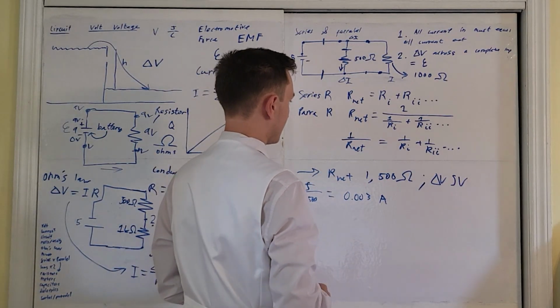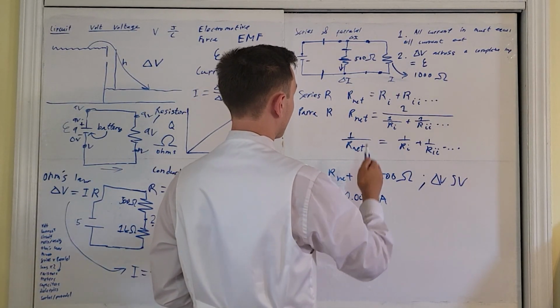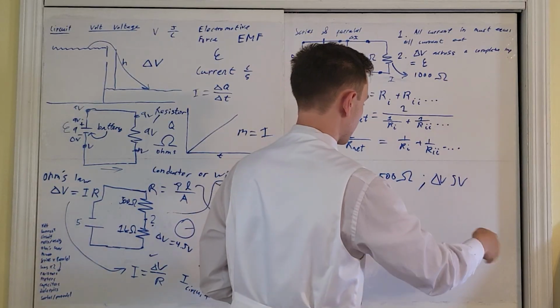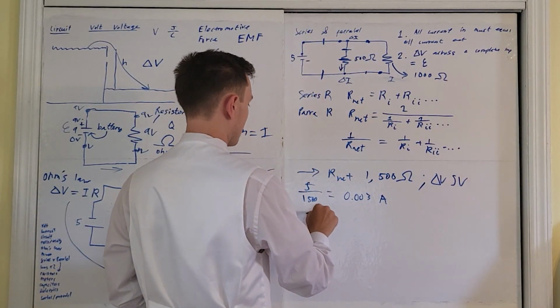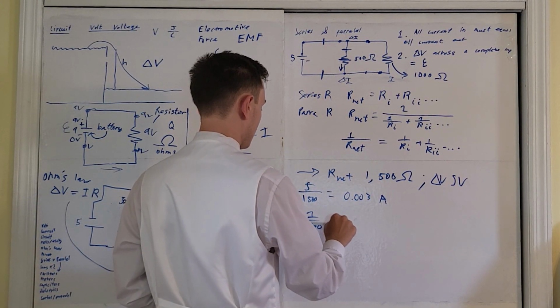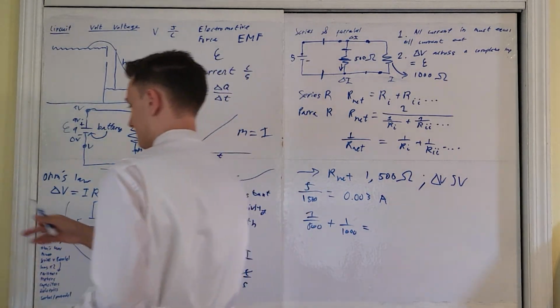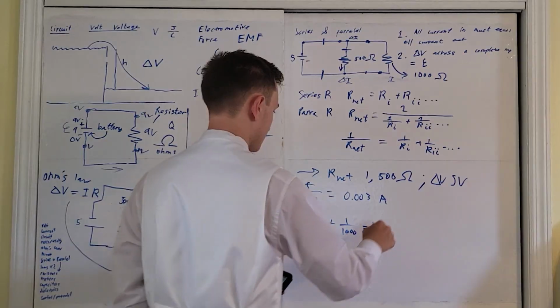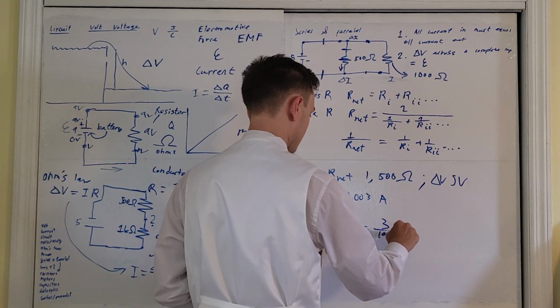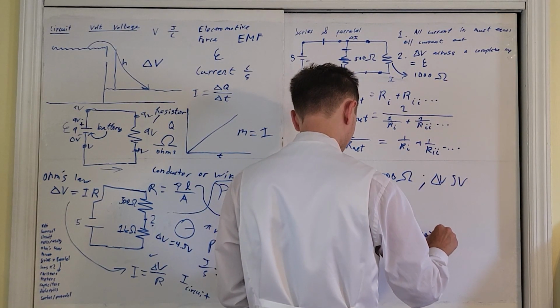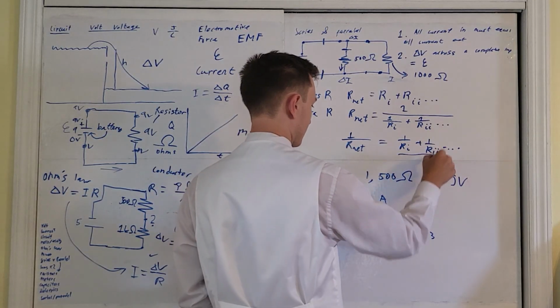So 1 over the net resistance equals 1 over the first one plus the second one plus the third one, so on and so forth. So 1 over 500 plus 1 over 1000 equals, well, 3 over 1000, 0.003. So that's this side of my equation.